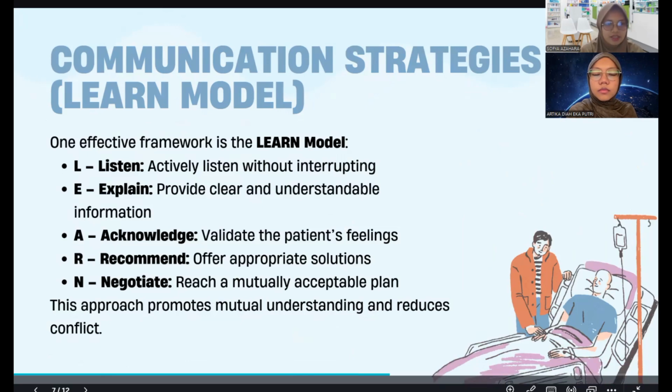A is acknowledge, which is validating the patient's feelings. R is recommend, which is offering an appropriate solution. And the last, N is negotiate, which is reaching a mutually acceptable plan. This approach promotes mutual understanding and reduces conflict.